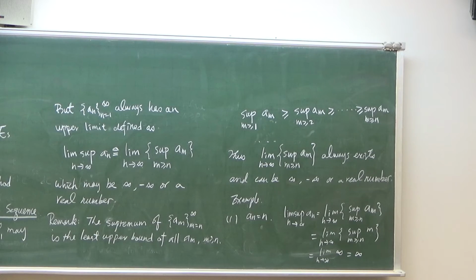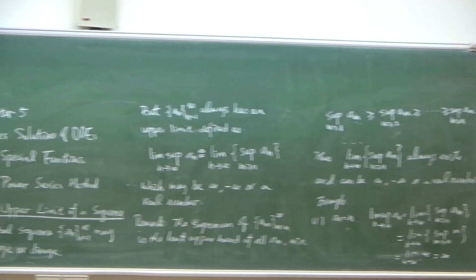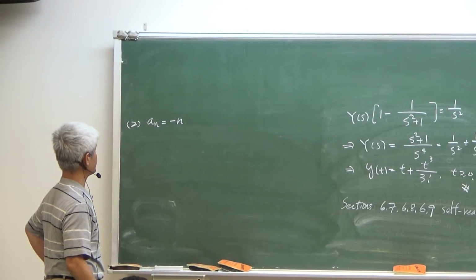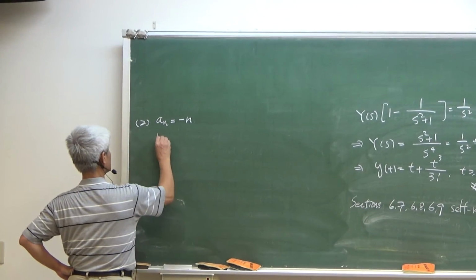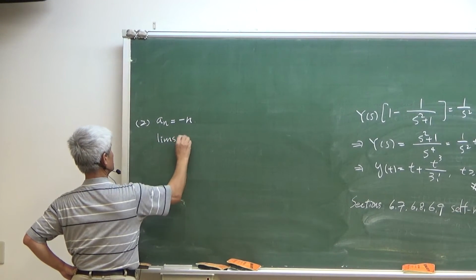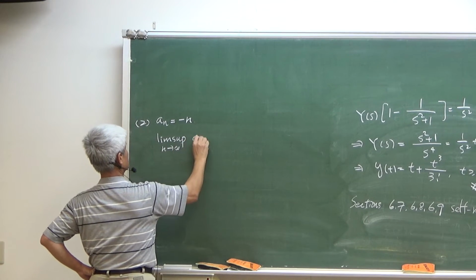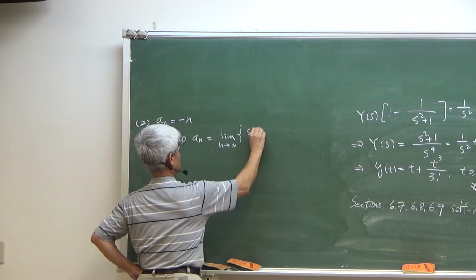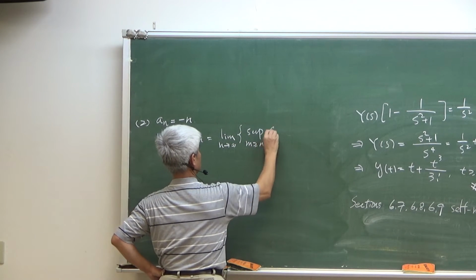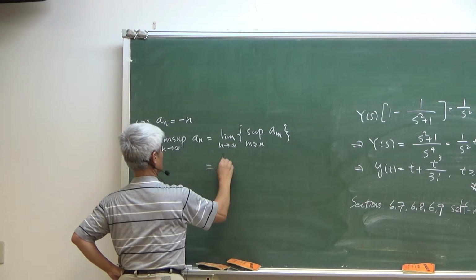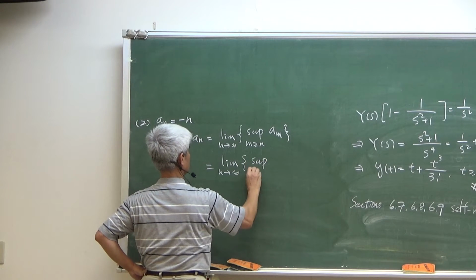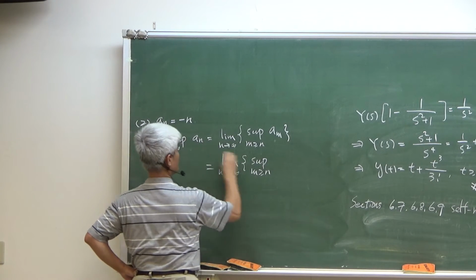Second, a_n is minus n. So a_m is minus m.